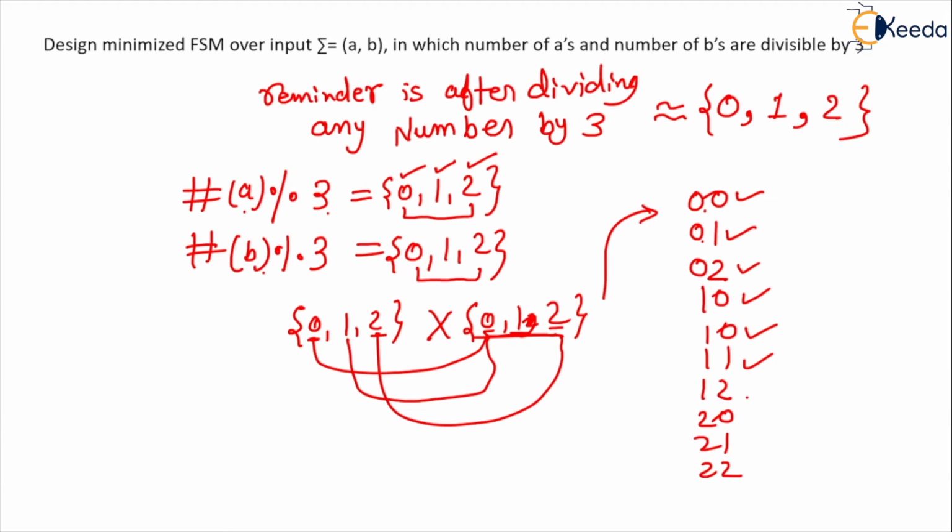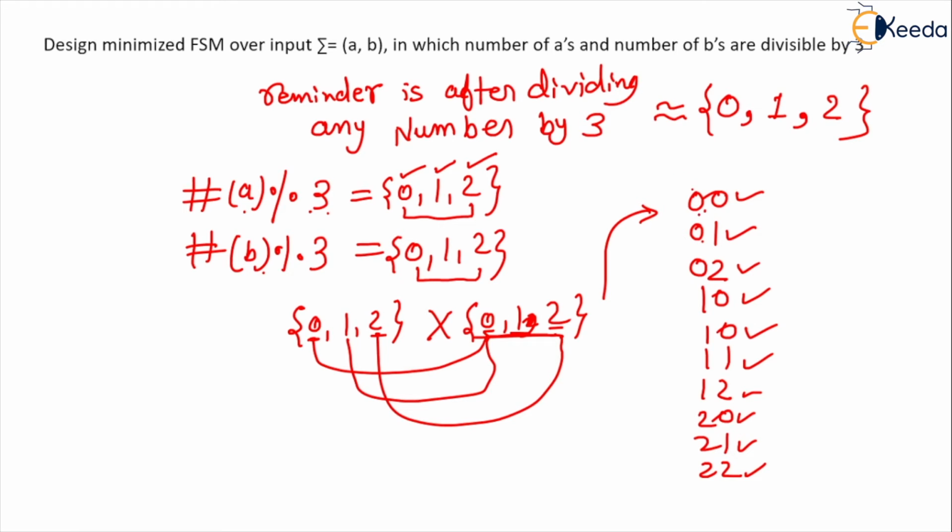So what are these values? The first digit shows the remainder of the A's when divided by 3, and the second digit shows the remainder of the B's when divided by 3. Got it?